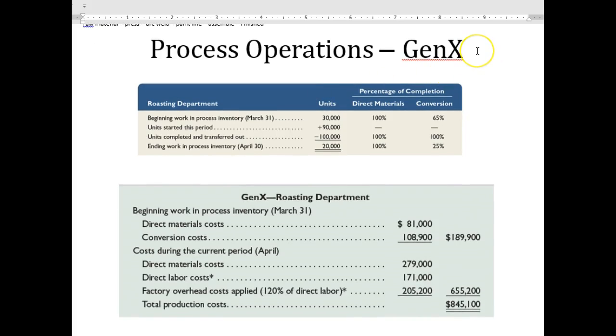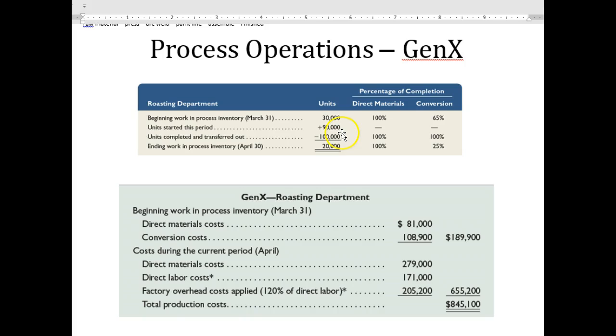Gen X has a beginning inventory of 30,000 units. It has 100% of the direct materials in it, and it has 65% of conversion costs, which are direct labor and factory overhead. They started 90,000 this period, and they completed and transferred out 100,000.